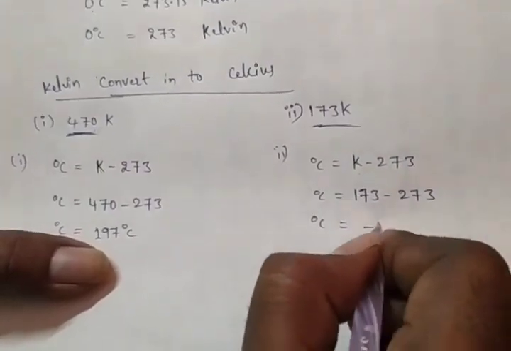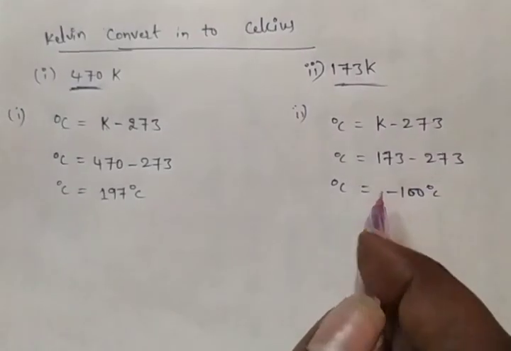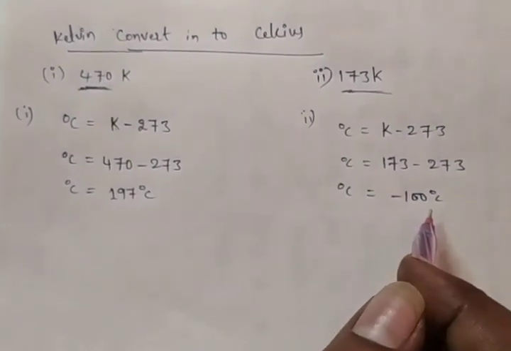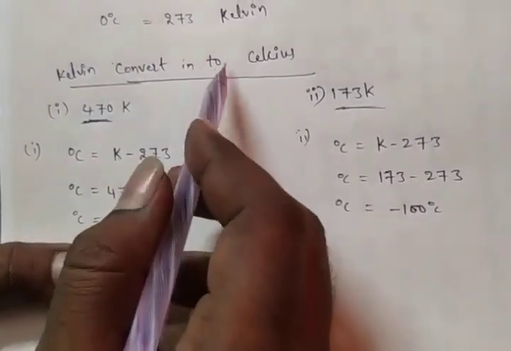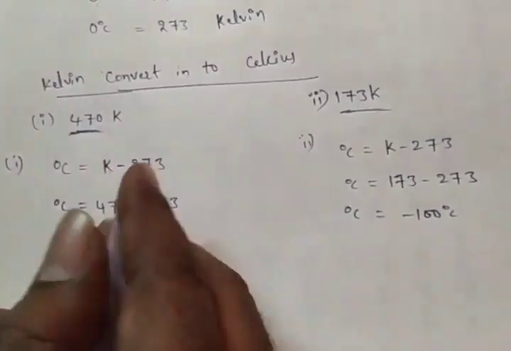Here it will be minus 100. So 173 Kelvin is equal to minus 100 degree Celsius. This is about Kelvin converted into Celsius.